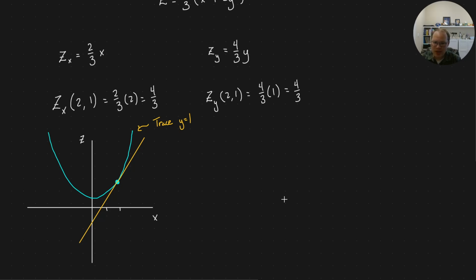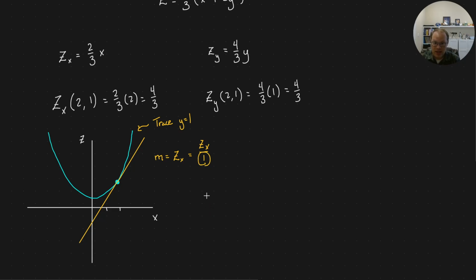Okay, now how do I take that and turn it into a vector? Well, think about what slope tells me. The slope of this line is my partial derivative with respect to x at the point. I could think about that as my partial derivative over 1. And slope is how much my z is changing with respect to x.